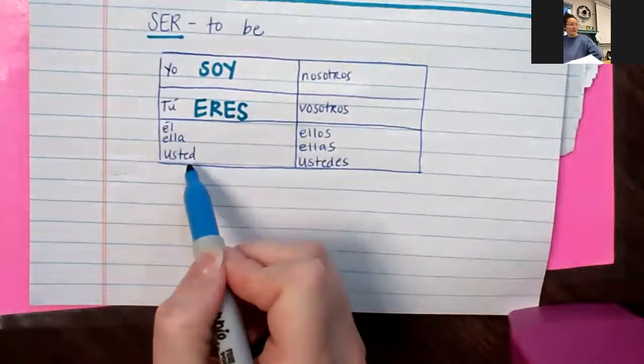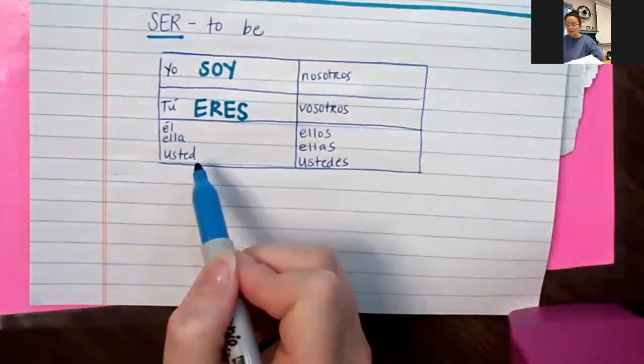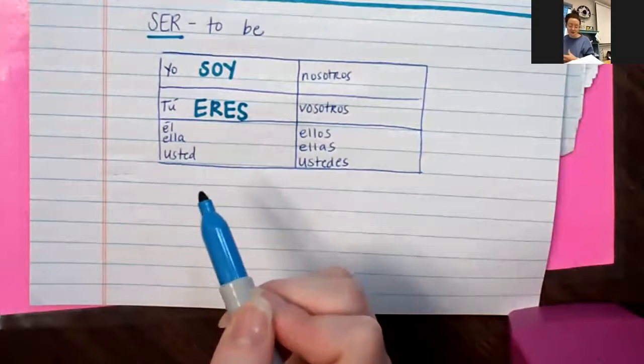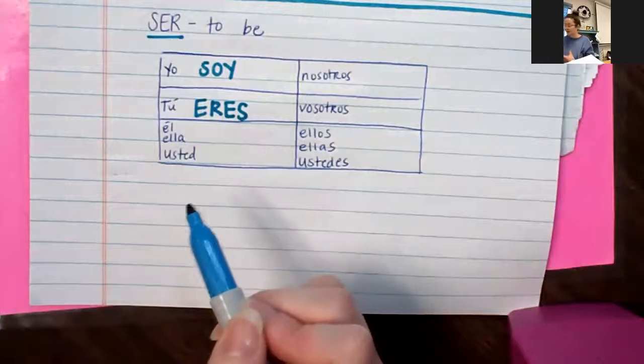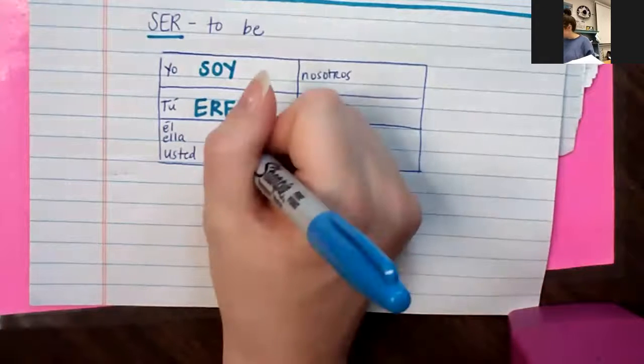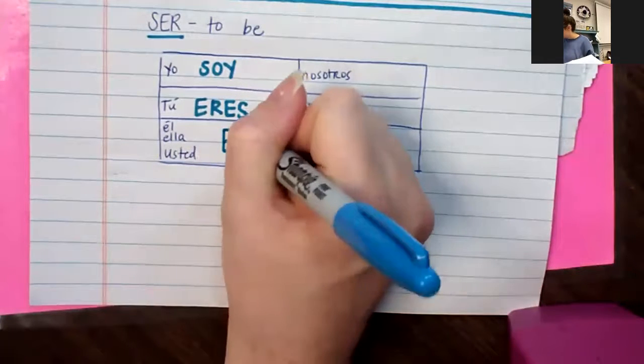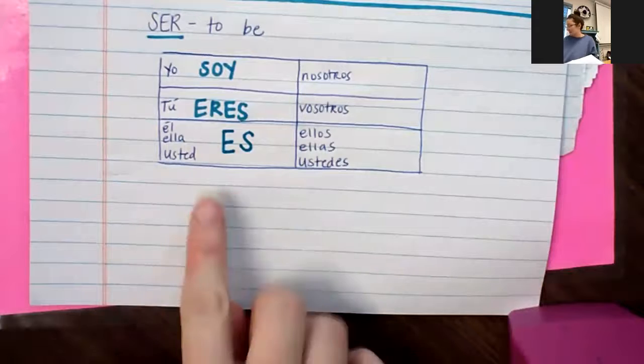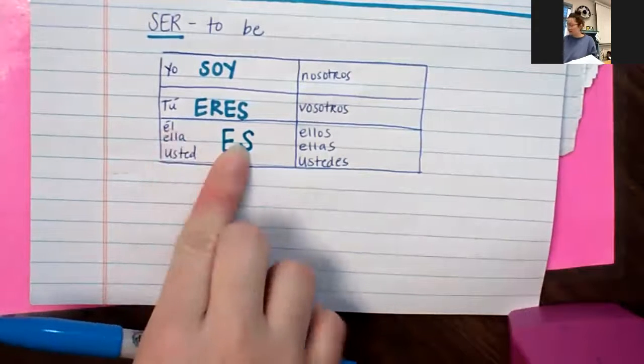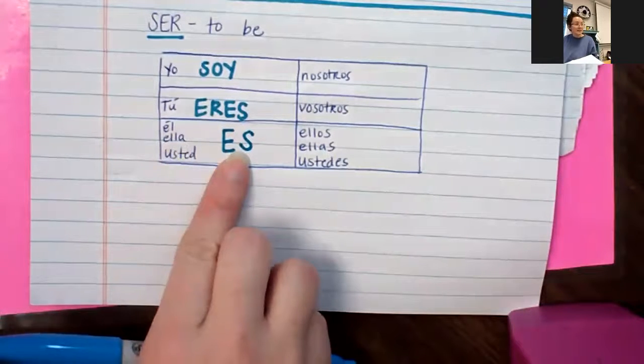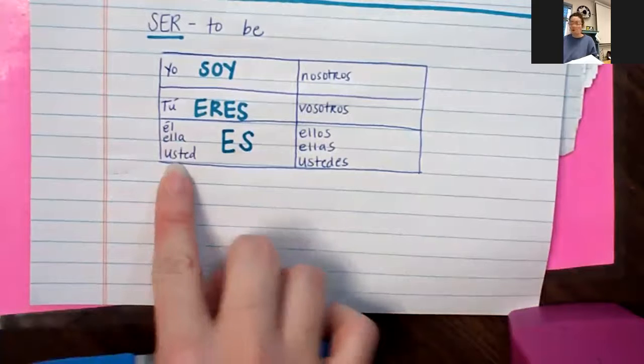Now, all three of these pronouns are in the same exact box, so they are going to share a form of ser. So all of these will use es. So I can say he is, she is, or you formal are.